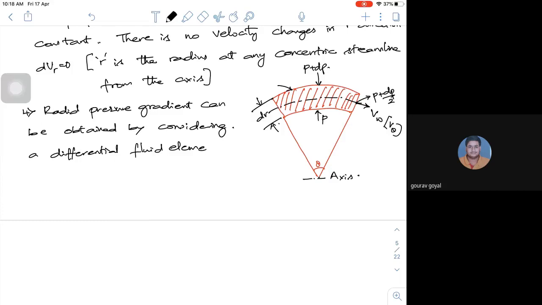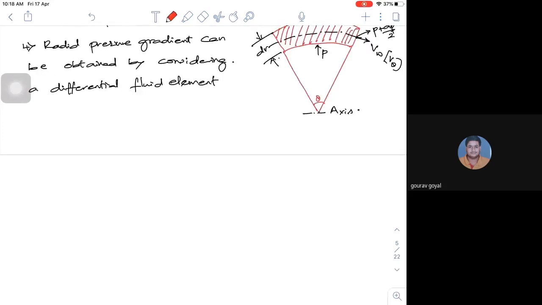Okay. Now let's go back to a little bit of fluid mechanics. As I told, it's from the fluid mechanics, this is for rotational flows.